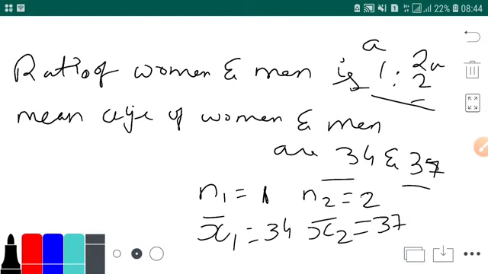You will get the answer because you are taking the exact same proportion. You cannot take any digit other than this proportion. If you take n1 as 4, then you should take n2 as 8. Here, to make it simple, we are taking n1 as 1 and n2 as 2.